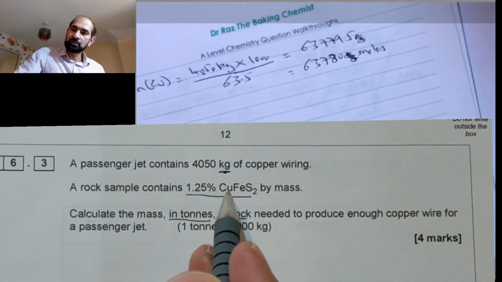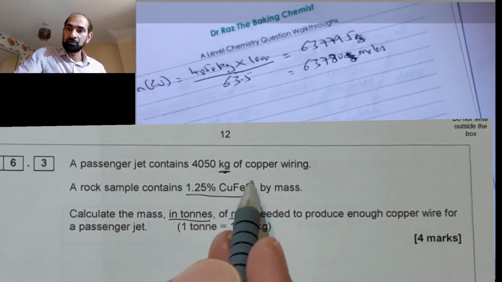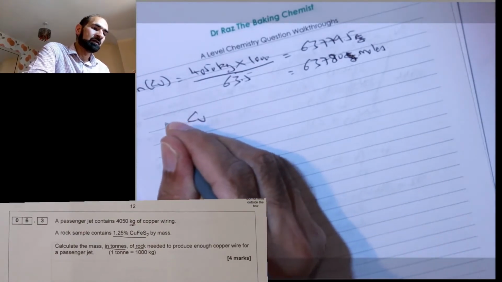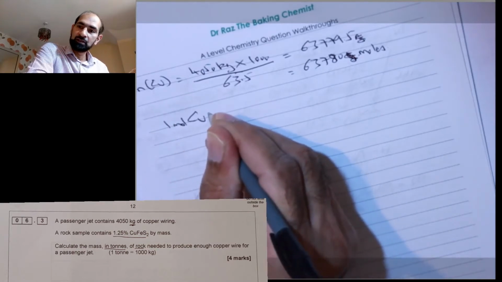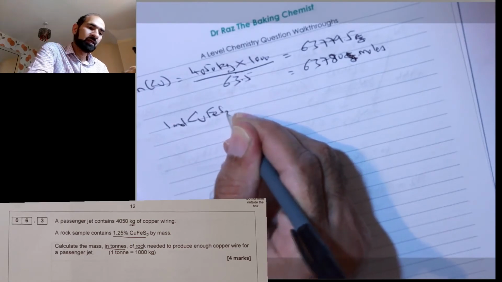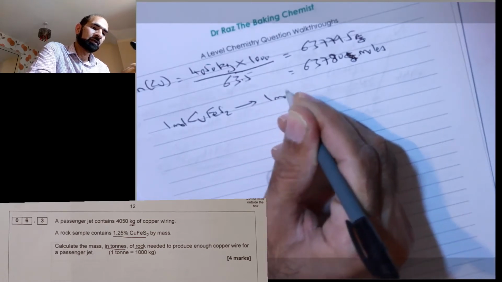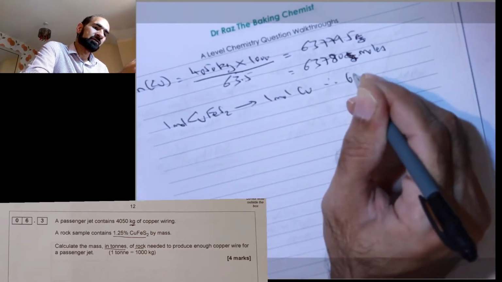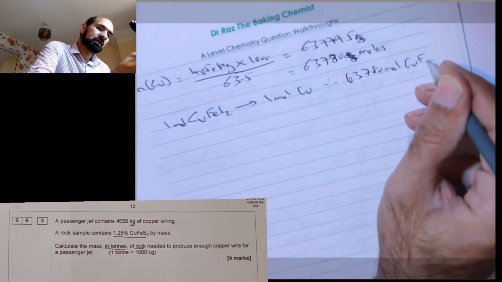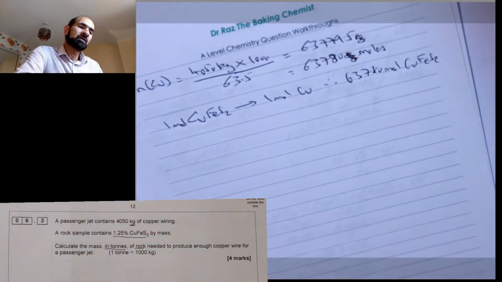Now, I know that for every 1 mole of CuFeS2, iron sulfide, I get 1 mole of copper. So therefore I need 63,780 moles of CuFeS2, that molecule.